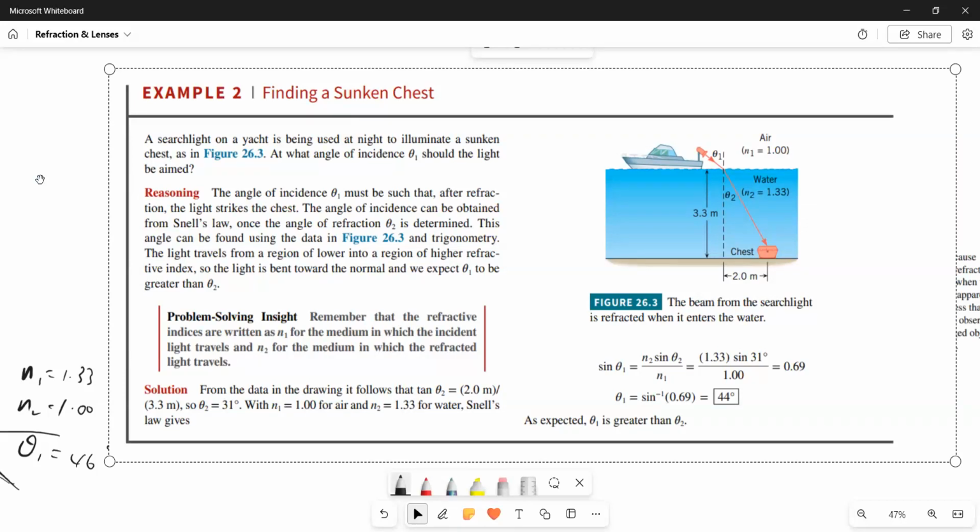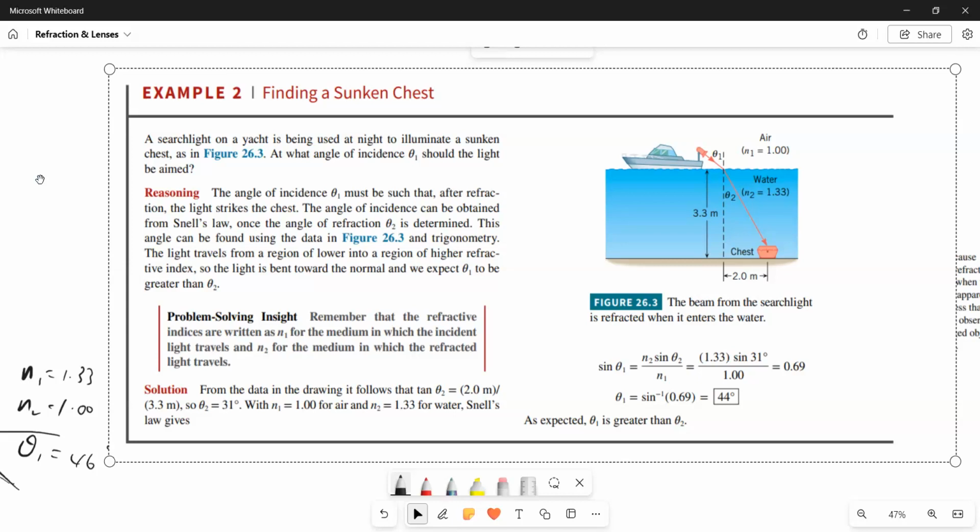This is a nice little practical example of a little boat or yacht. It's looking for a chest, right? There's some indication of where the chest is. They have maybe the coordinates based on previous dives, right?